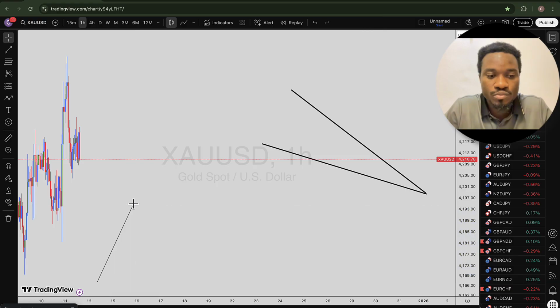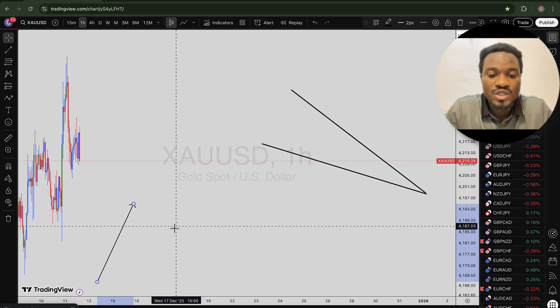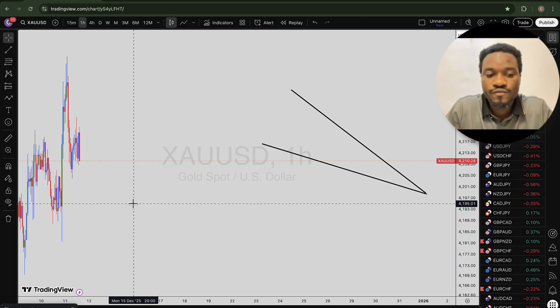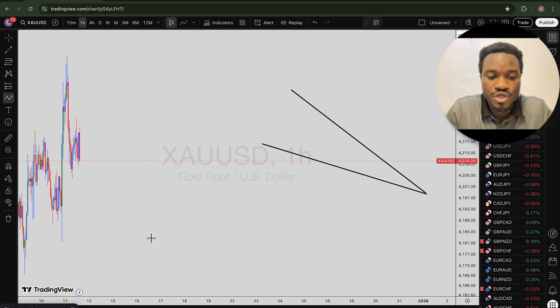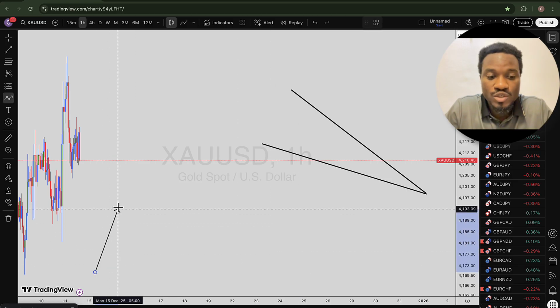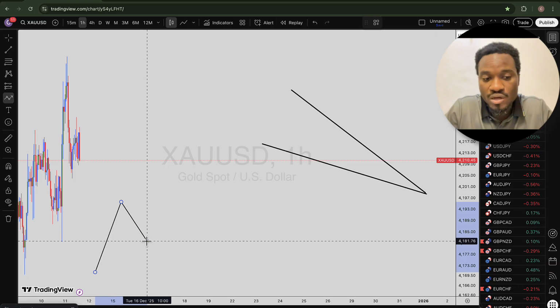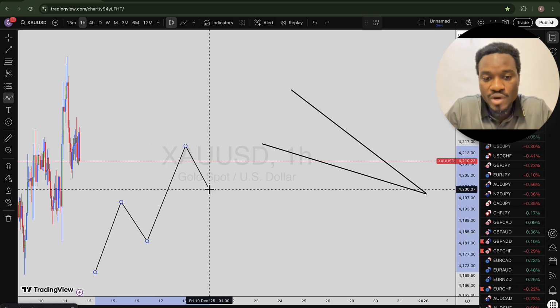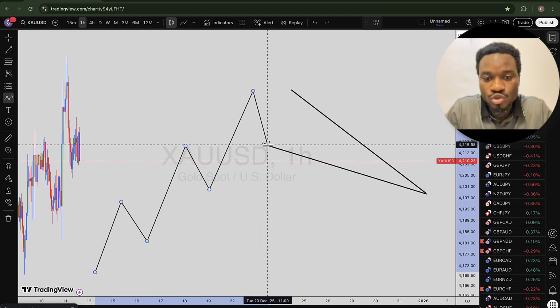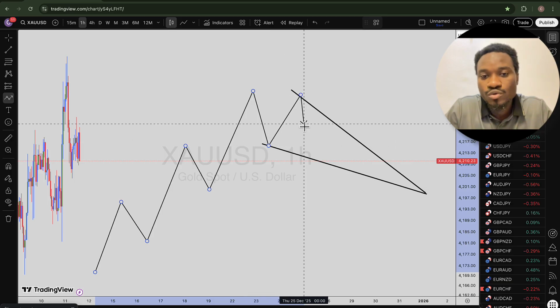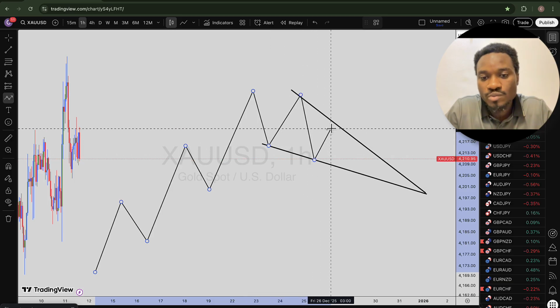Let me make this more bold so that we can see the thickness. Price travels like this, makes a pushback, then goes up, makes a pushback, then goes up, makes a pushback, goes up. Then you see price keeps on depreciating.